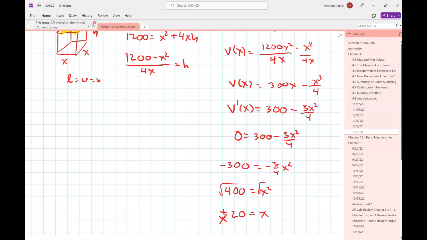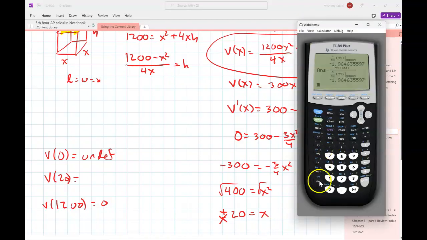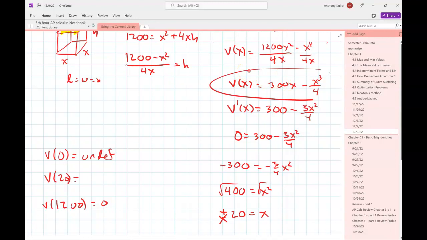So my test then is I'm going to do v of 0, v of 20, and v of the square root of 1200. I know that's 0. I know that's undefined. When I plug 20 in, I guess I probably have to do that, huh? No. Actually, why would I plug in here? That's a dumb place to plug in. Plug in here.